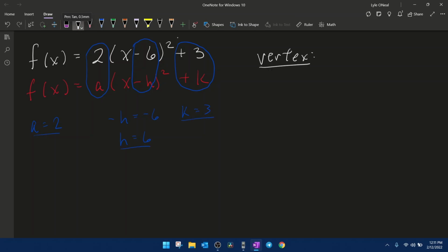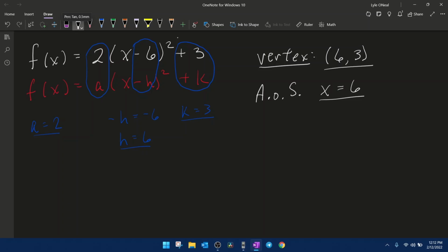Now the first thing I want to find is the vertex. The vertex will be h comma k, which is 6 comma 3, and that's it for the vertex. The axis of symmetry is always x equals the x-coordinate of the vertex.